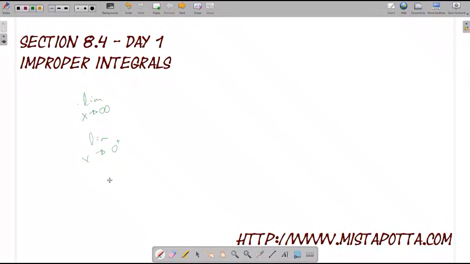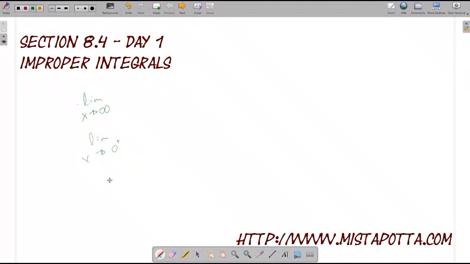The whole reason that we've been doing this is because there are a lot of situations where in physics and in engineering and in medicine, we talk about what happens as x or t or some other independent variable goes on without bound.